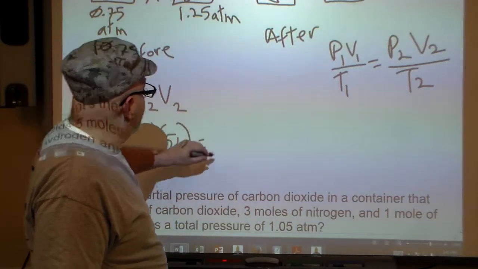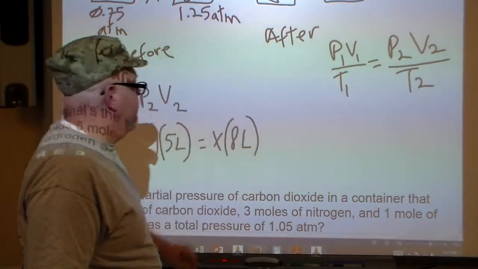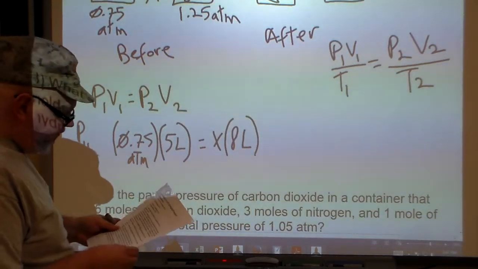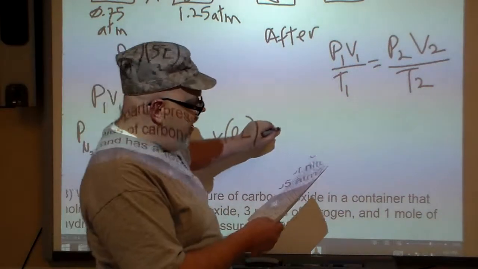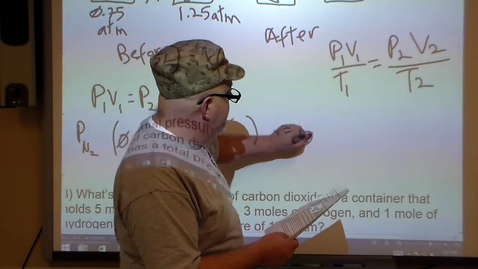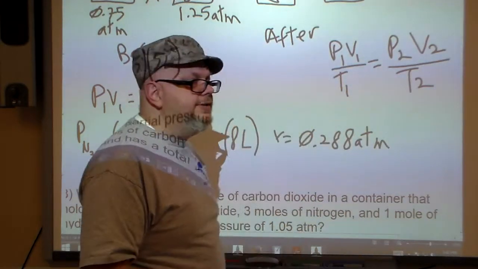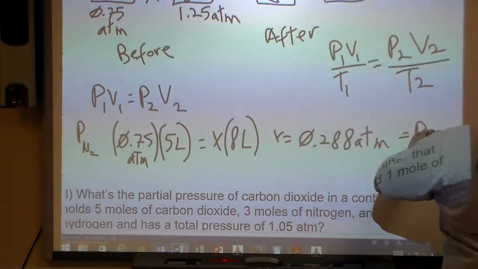That's going to equal X multiplied by 8 liters. Okay? That's what you're going to get. So the partial pressure of nitrogen in this case is X equals 0.288 atmosphere. That is the partial pressure for the nitrogen.